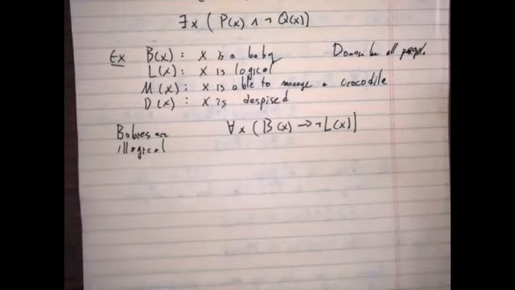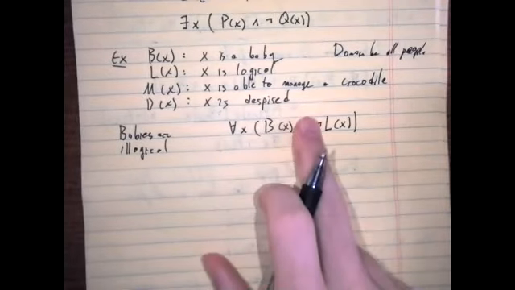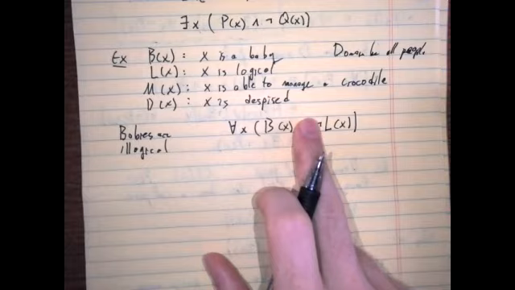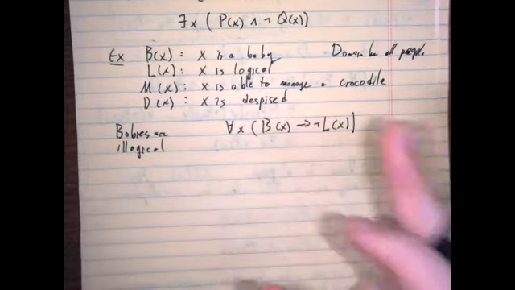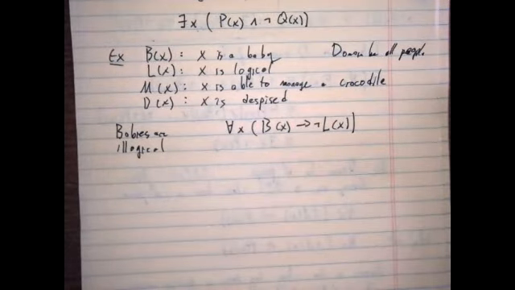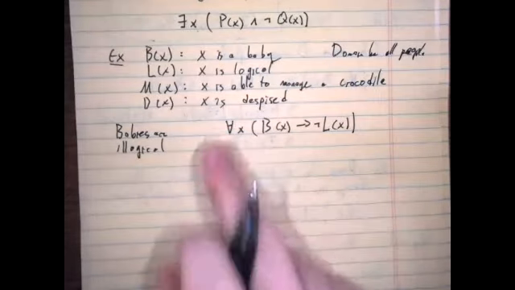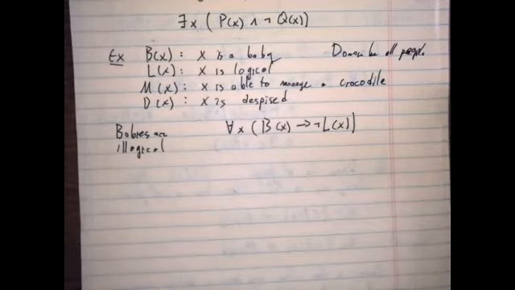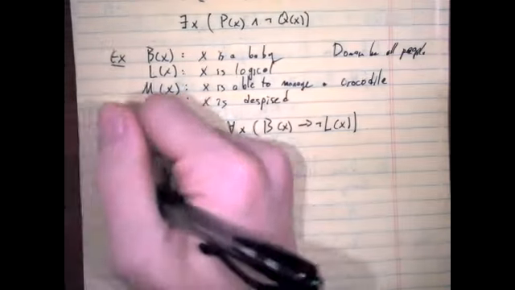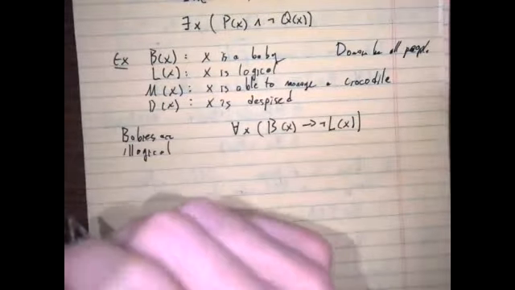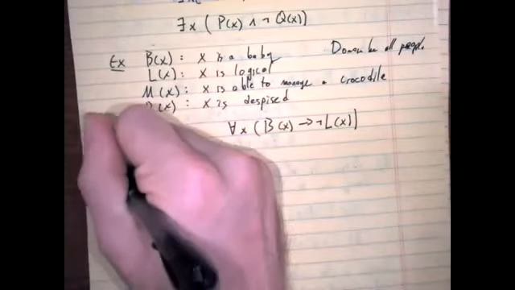Do we agree that I shouldn't have an and statement here? Because if I had an and statement, then that would say that everyone is a baby, at the very least, and everyone is illogical, which is not equivalent to the statement babies are illogical. Okay, the next proposition, nobody is despised who can manage a crocodile.